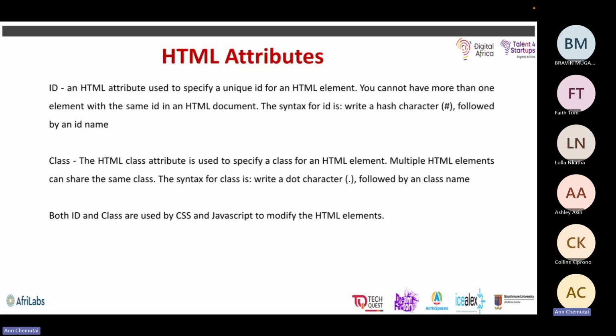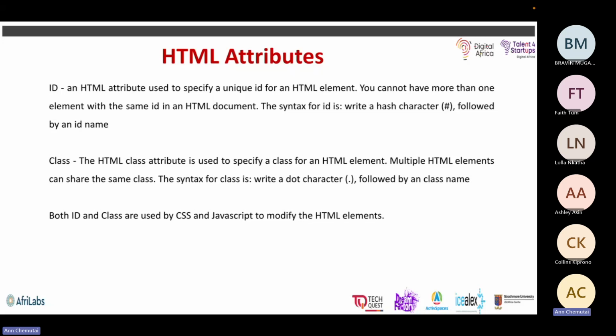So in our particular class, we'll be using both ID and class in CSS and in JavaScript, just to modify the different HTML elements. A good example is yesterday, we were having several paragraphs and then we changed the color to red initially. Now, all the elements changed to red, right?